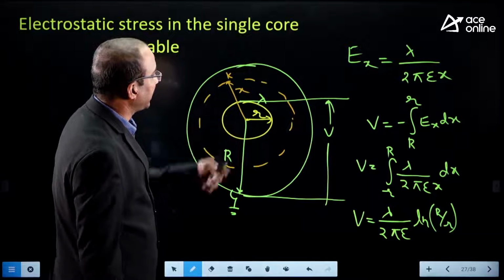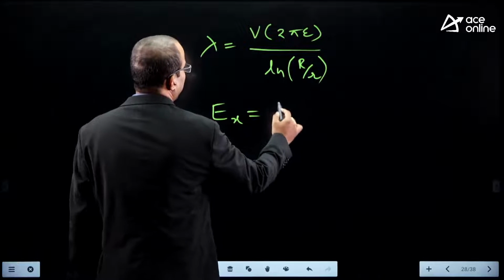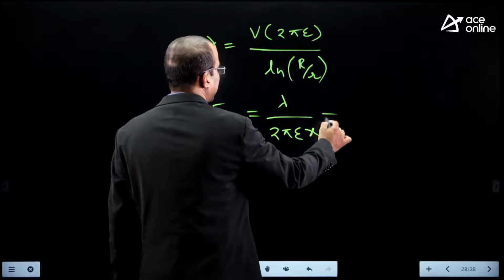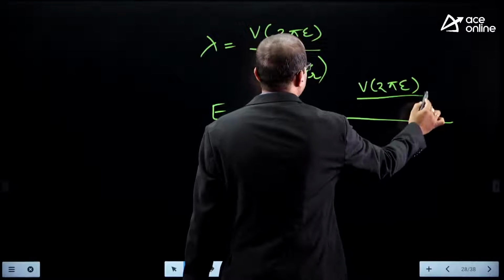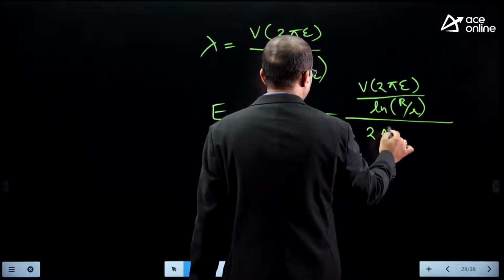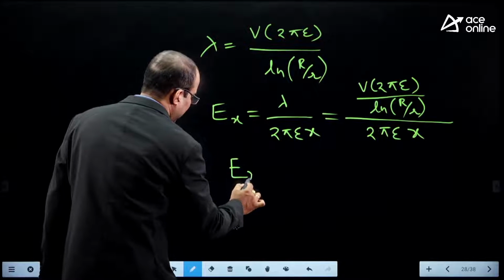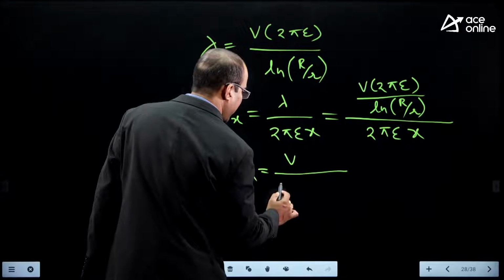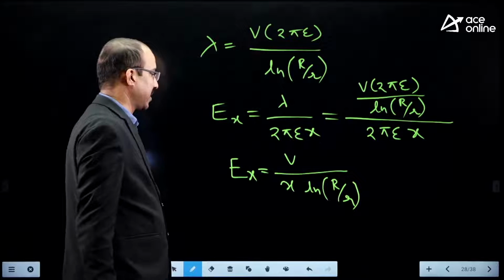Now we require the electrostatic stress, which is lambda by 2 pi epsilon x. Substituting lambda, that is V into 2 pi epsilon by ln of capital R by small r, divided by 2 pi epsilon x, the electrostatic stress at point K at a distance of x is given by V by x ln of capital R by small r.